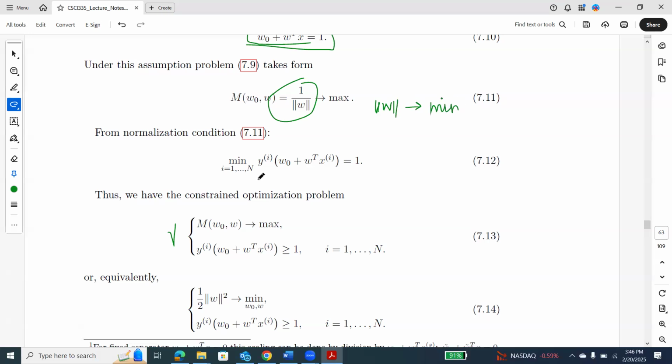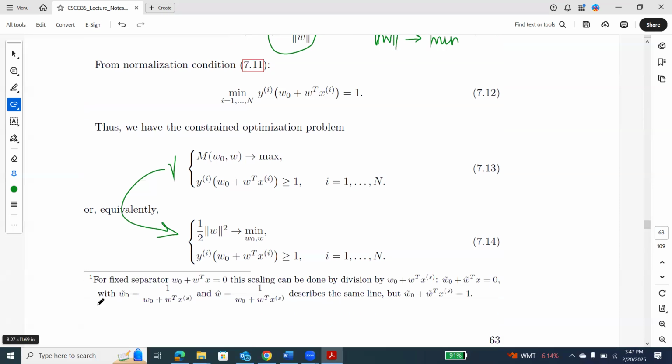So that's why we go from this problem to this problem. Instead of maximize 1 over W, we minimize W. Also, we add a square to make this quadratic optimization problem, and a factor, just because when we take the derivative, two will cancel out.